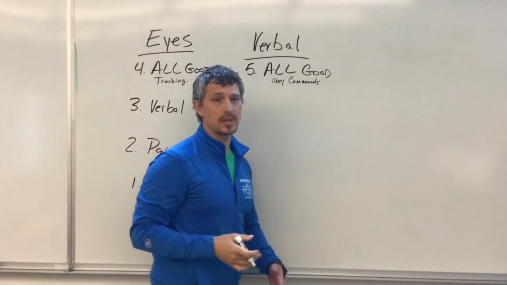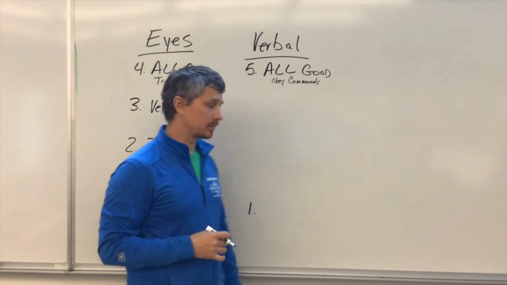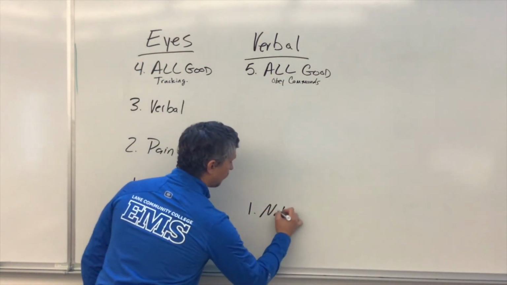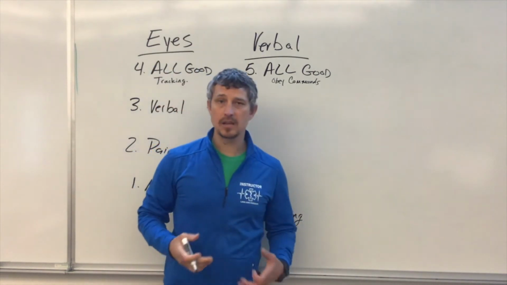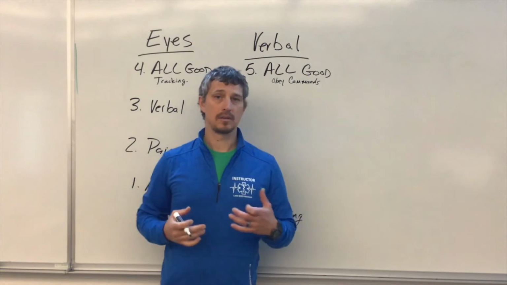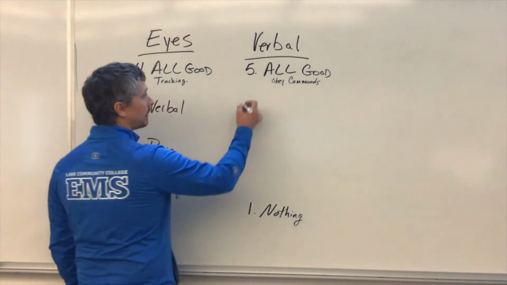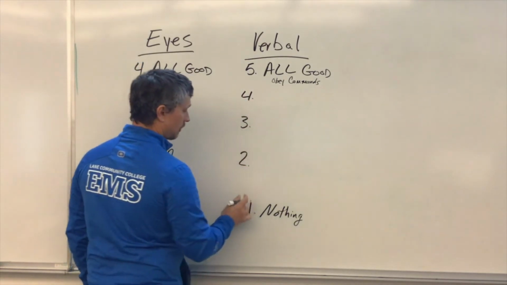They're talking to us, they're following us, there's no confusion, everything seems normal. And then down to our 1, where we have nothing. Our patient is not making any sounds, they're not talking to us, they're not moaning, groaning, we've got nothing. And then we're going to fill in between there. 4, 3, 2, and our 1.